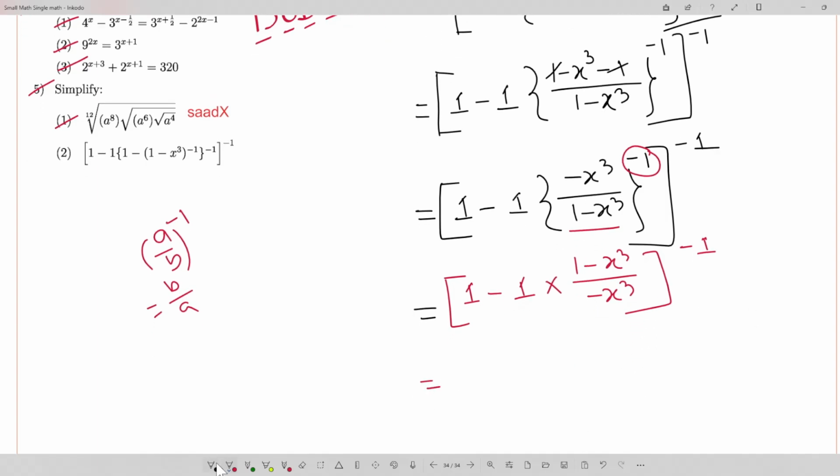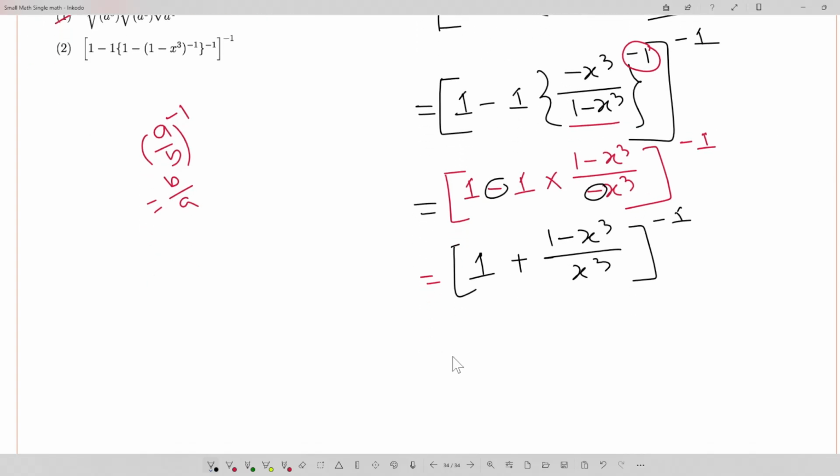One thing, this minus we can adjust with this minus, so minus times minus will be plus, and here is 1 minus x cube divided by x cube, and whole to the power minus 1. Now we can make another LCM, it will be x cube, so x cube plus 1 minus x cube, to the power minus 1.